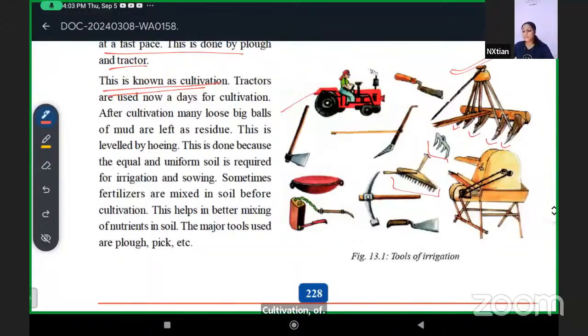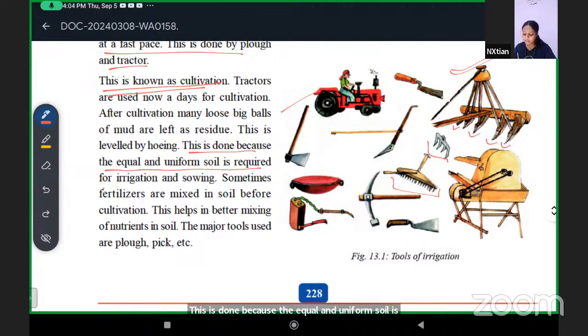Tractors are used nowadays for cultivation. After cultivation, many loose big balls of mud are left as residue. This is leveled by hoeing. This is done because equal and uniform soil is required for irrigation and sowing.